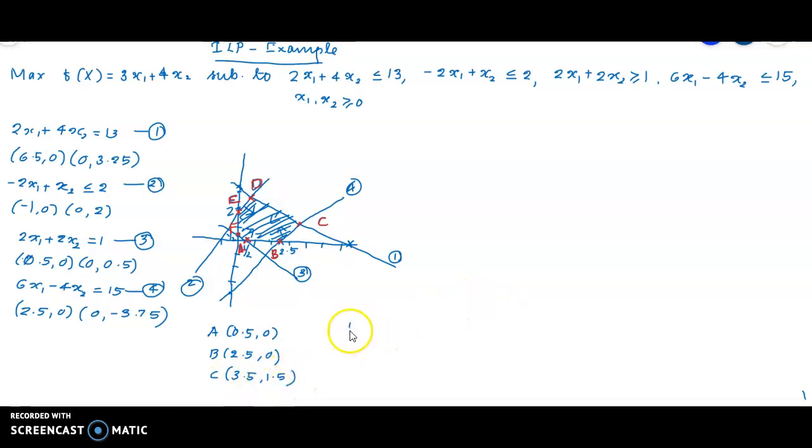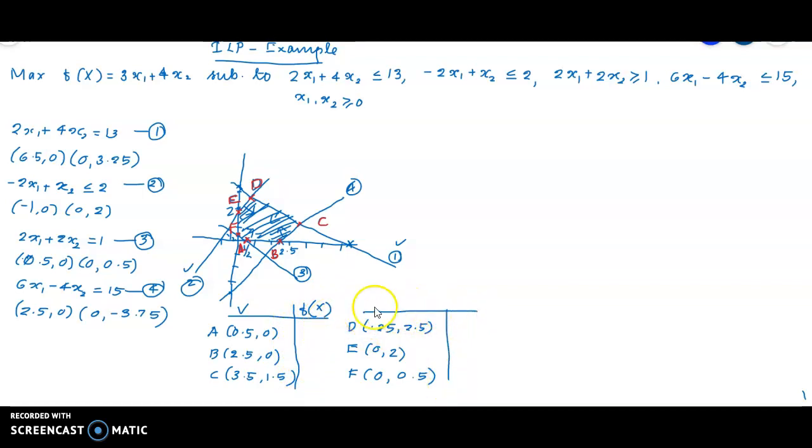And D, solving 1 and 2, you get the coordinates of D as 0.25, 2.5. E is clear, 0, 2. F is also clear, 0, 1 by 2 or 0.5. Then we can find the value of the function f at these points, and you can find the maximum of the function.